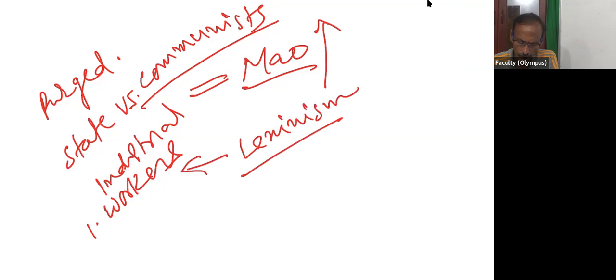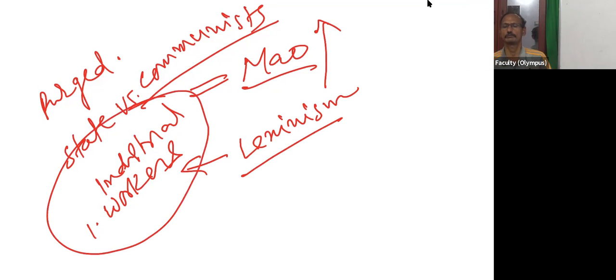Lenin believed that industrial workers had to bring communism because that was what Marx also wrote. But in the context of China, Mao emerged as a leader because Mao seemed to have applied Marxism to Chinese conditions.